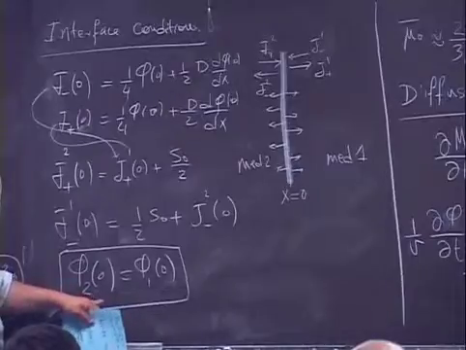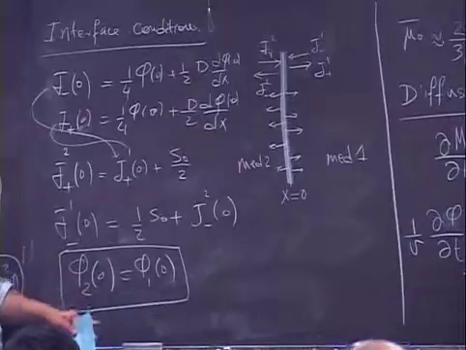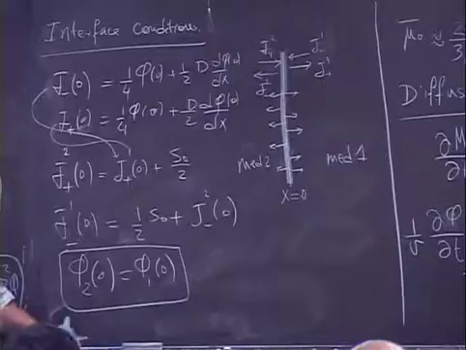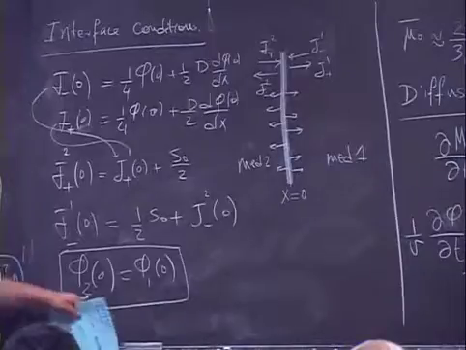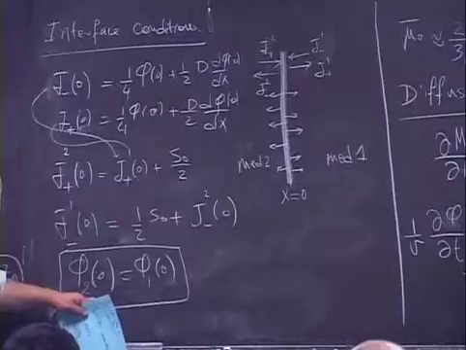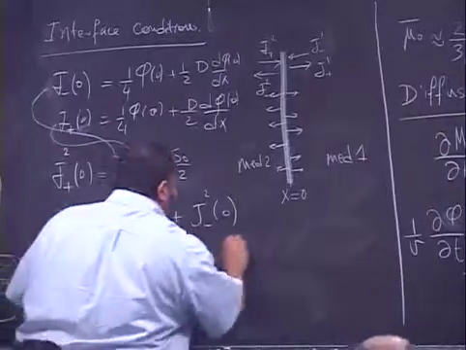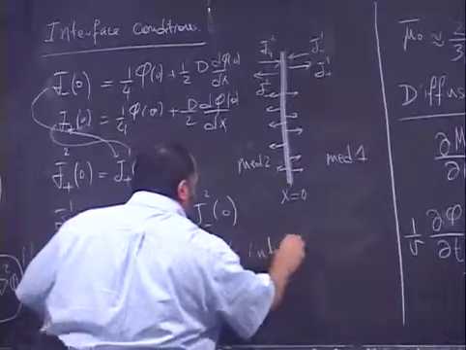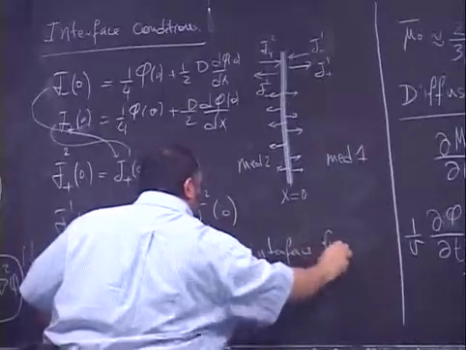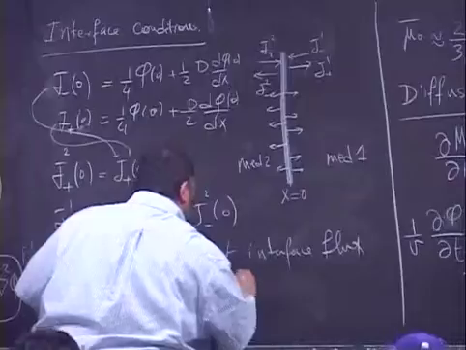Okay, guys? Whenever you take a homework problem with an interface, the first thing for the boundary condition is to think that at the interface, flux is continuous.